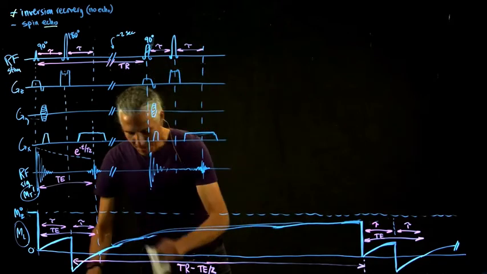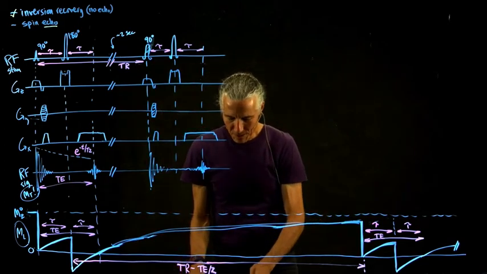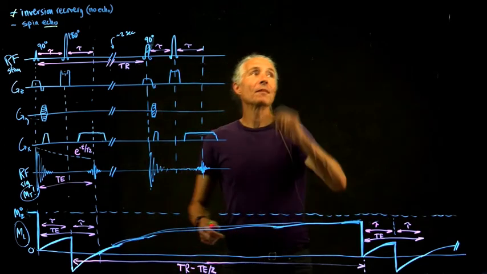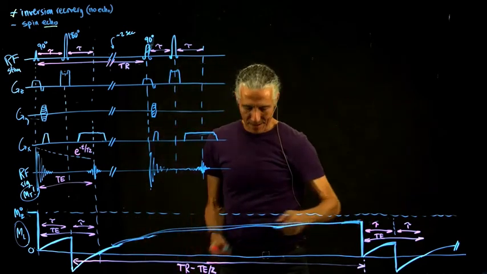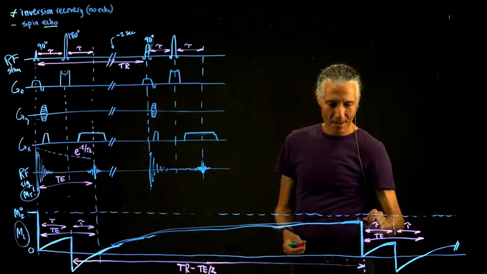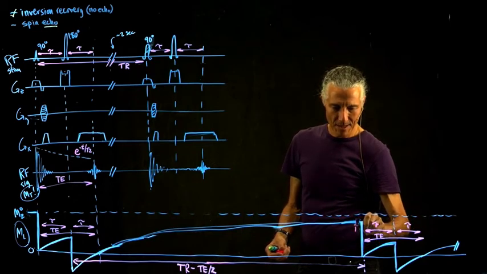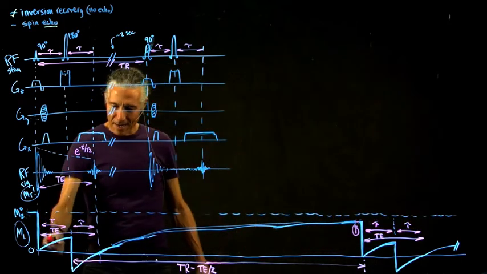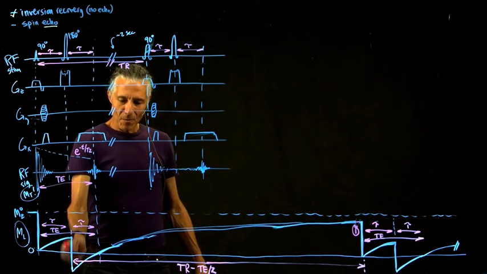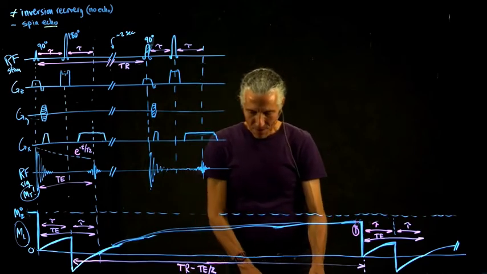The first equation I'm not going to derive for you. That's part of the homework. The first equation is basically what happens here, and we'll call that 1. I'm not going to derive it because it requires a 90 and then some recovery, and then a 180 and then some more recovery. So we'll just write it out.